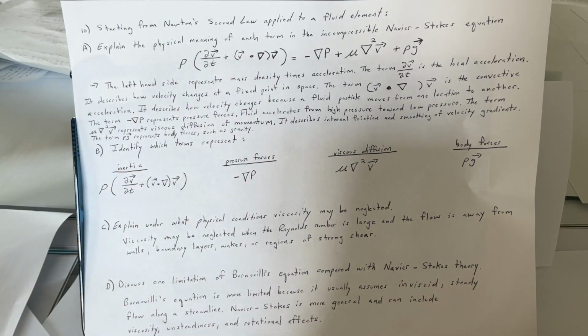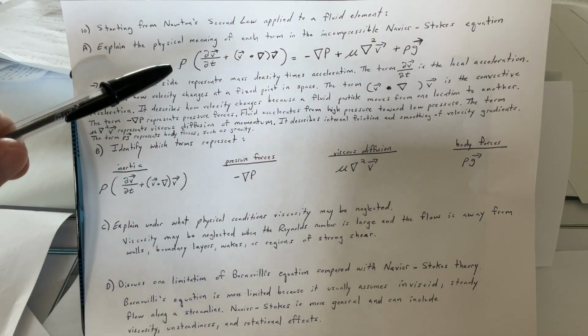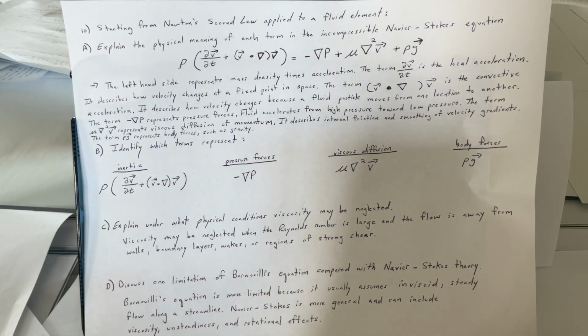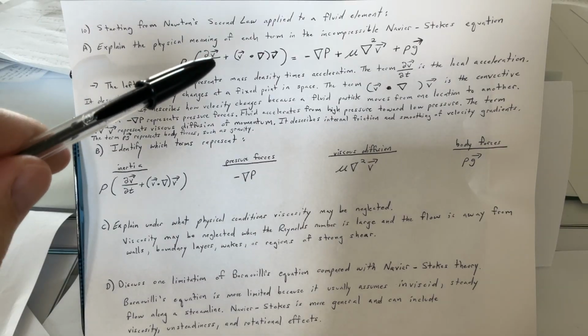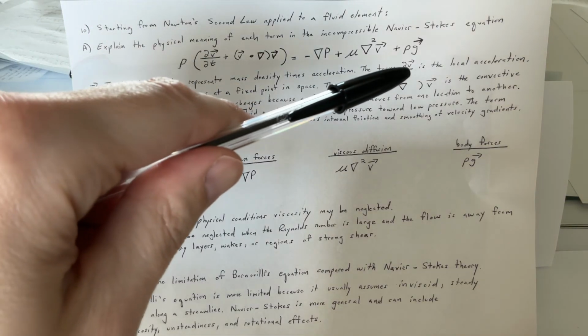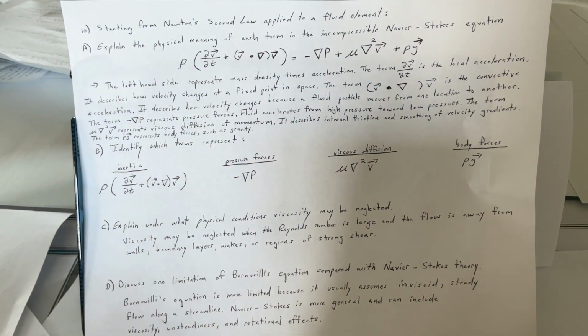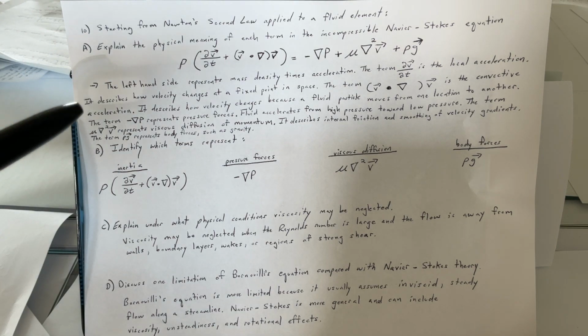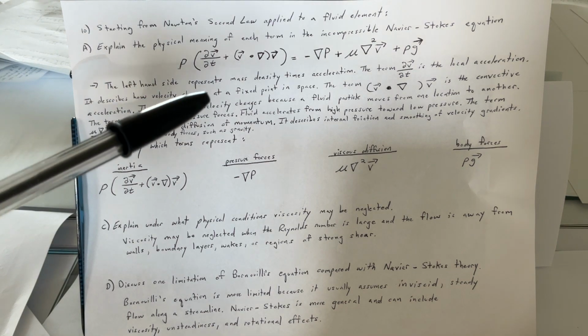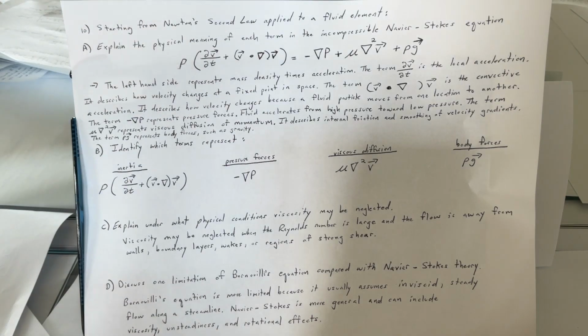Left-hand side first. The left-hand side represents the mass density times the acceleration. The term with the partial derivative of vector v with respect to t is the local acceleration, and it describes how velocity changes at a fixed point in space.